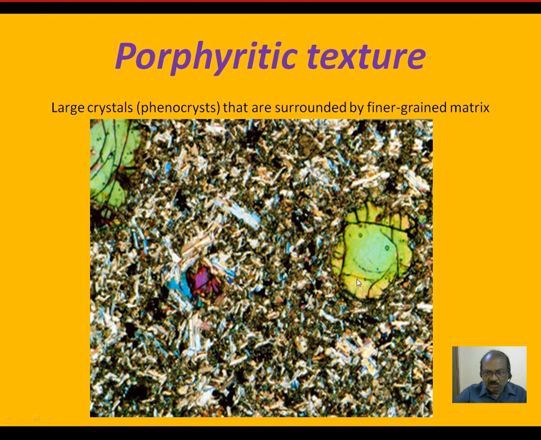This is a phenocryst, and this is another phenocryst, and this is also a phenocryst. All these phenocrysts are surrounded by a fine-grained matrix of various minerals. In such a case, we say the rock is exhibiting porphyritic texture.